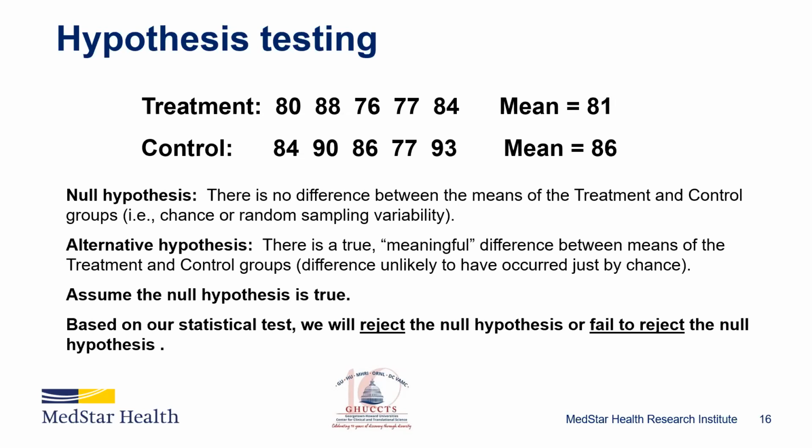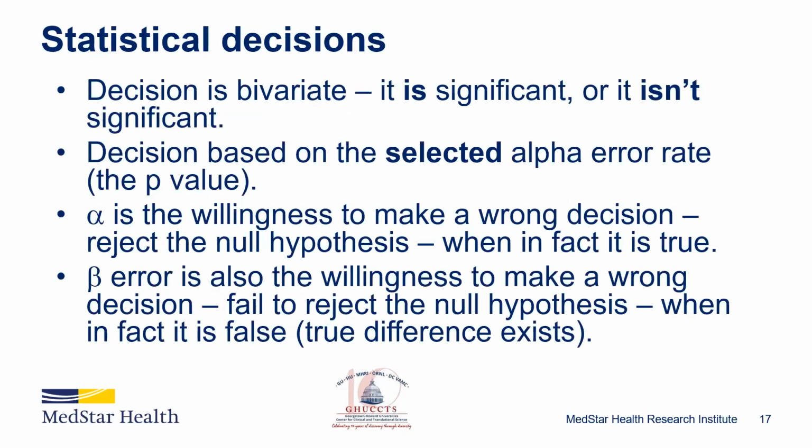And so when we do our statistical analysis here, we're going to assume that the null hypothesis is true. And then based on our statistical test, we will either reject the null hypothesis or we will fail to reject the null hypothesis. And so here's how we do that. We perform our statistical test. In other words, we compare the two means, and the decision that we make is really binary.